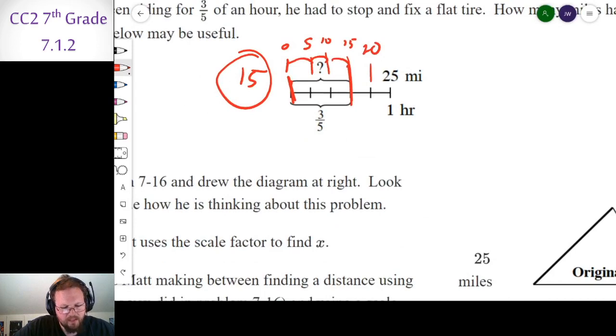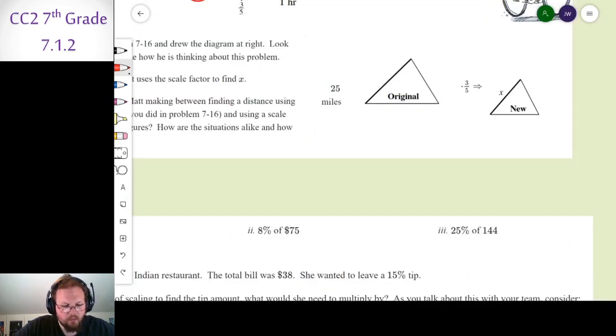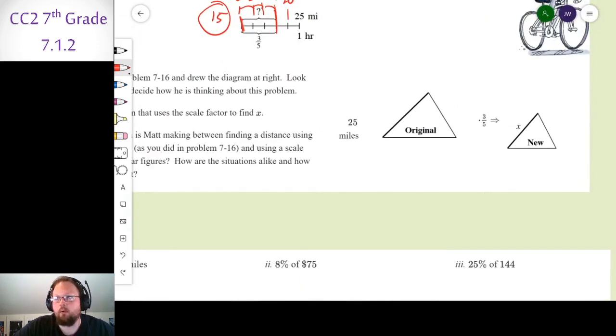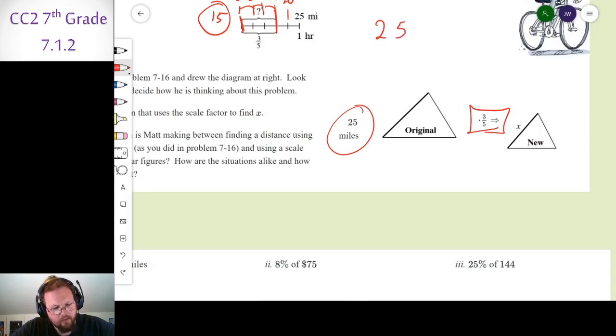But what's interesting is that if you pretended that this was a shape, or just a proportion or a scale, and you knew it originally was 25 miles, and he only went to 3/5 of that size, all you have to do to find the new value is to take 25 times 3/5. And when you multiply a whole number by a fraction, it's pretty straightforward.